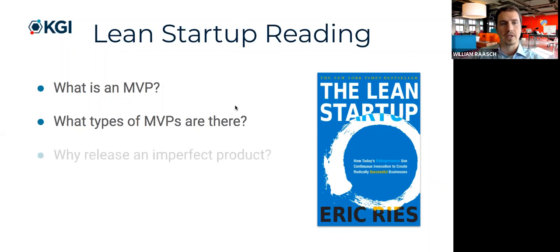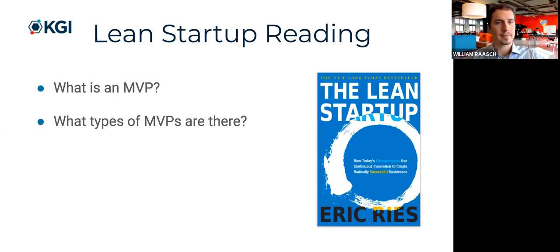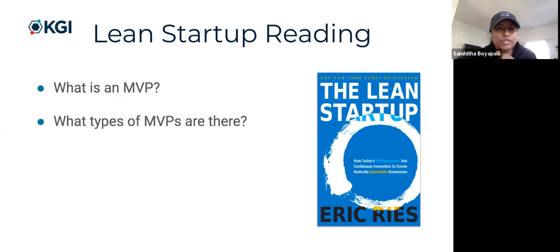Next question is, and remember this from the reading, there are a couple different types of MVPs. Anyone want to talk about what those types are and potentially an example? So in the article, they talk about the video MVP, and the example that they gave was Dropbox.